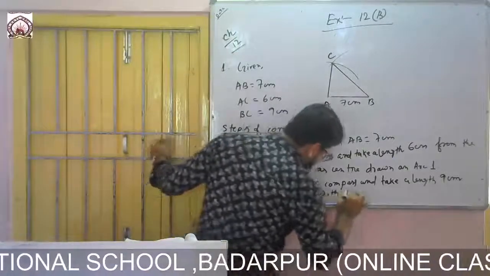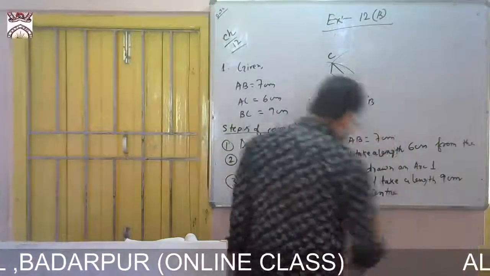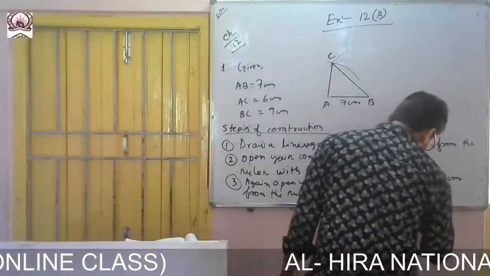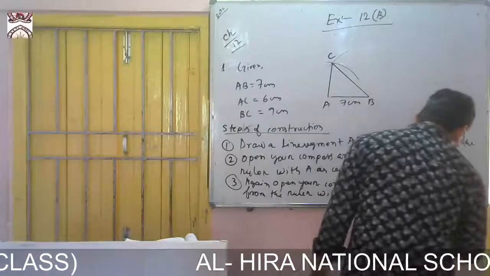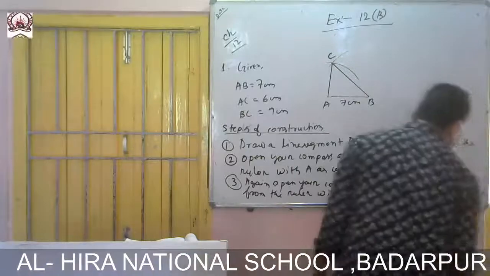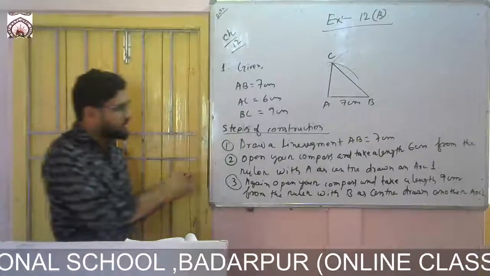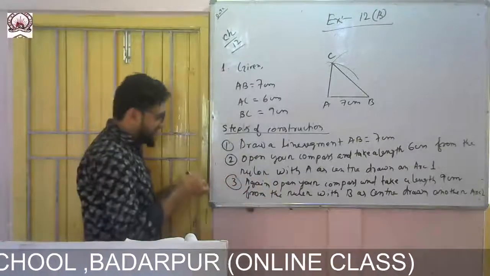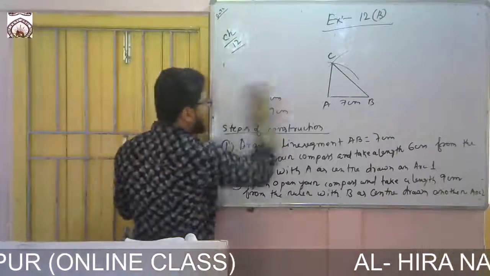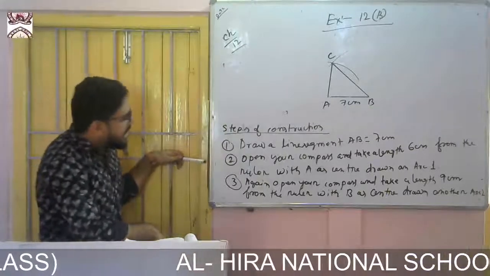With B as center, draw another arc, it is arc 2.